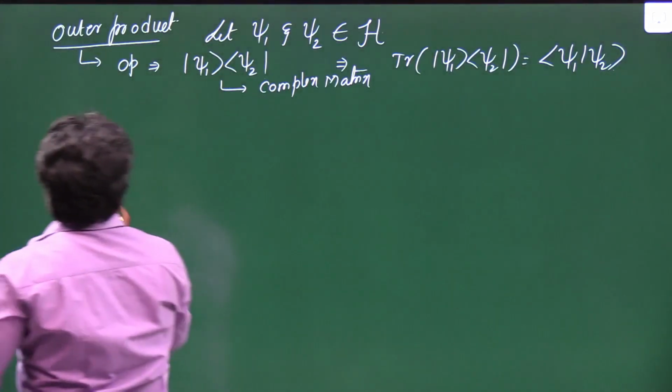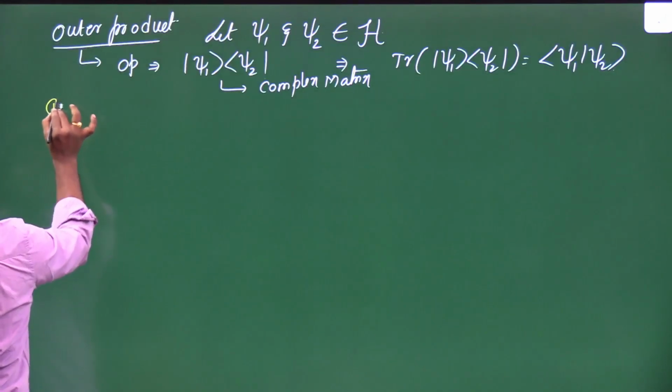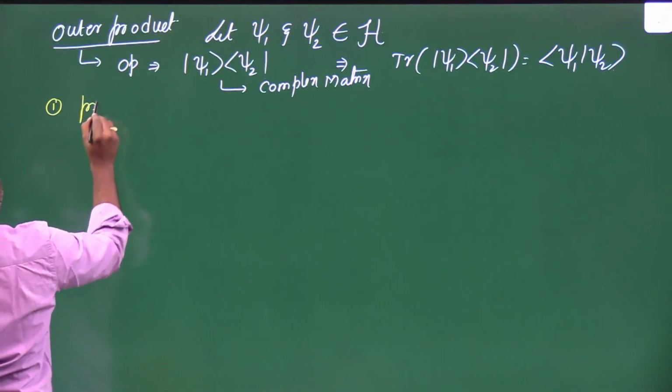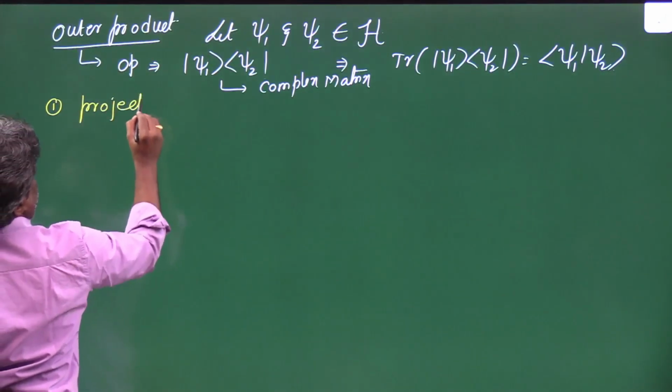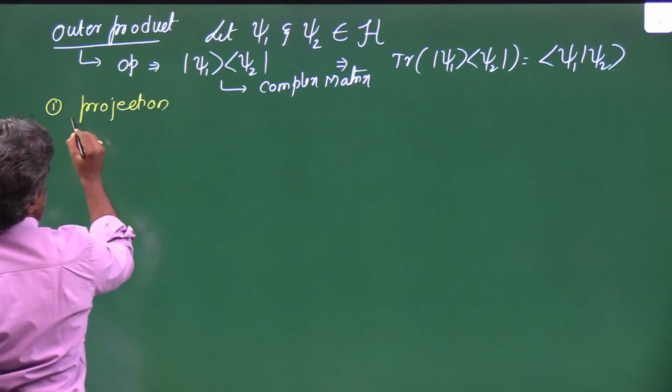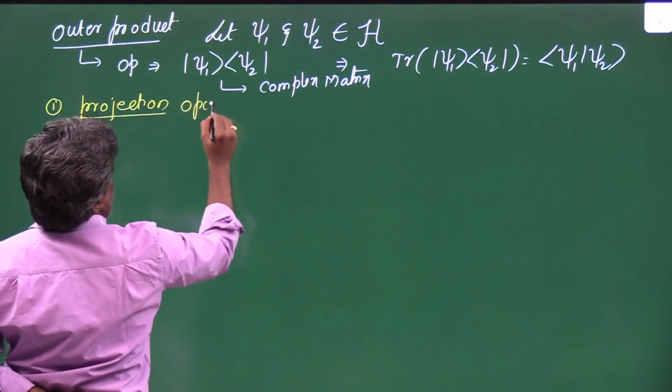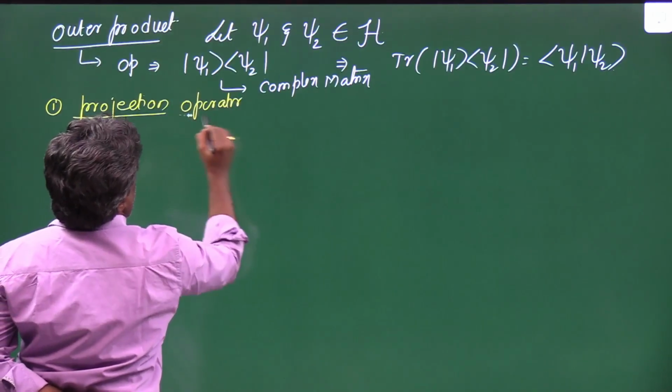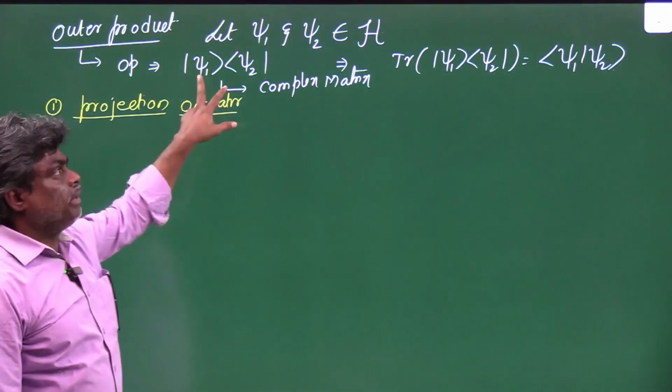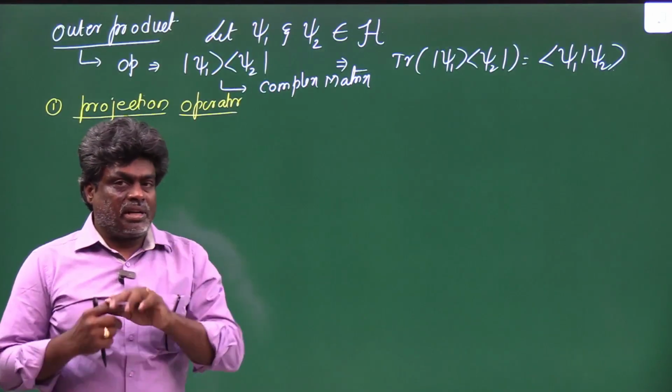Now come to this, it's very crucial: the projection operator. Here we have taken the outer product of two different vectors.